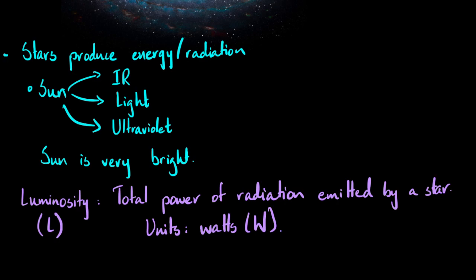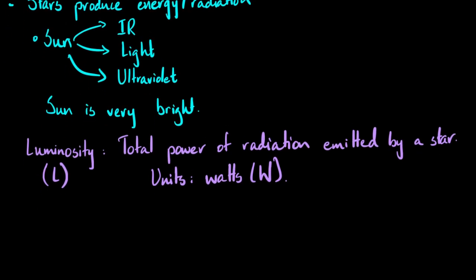So for example, the luminosity of the Sun is 3.9 times 10 to the 26 watts, right? So this is the total power of radiation of the Sun.